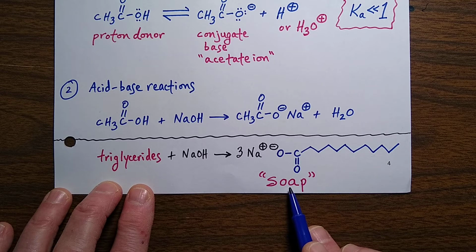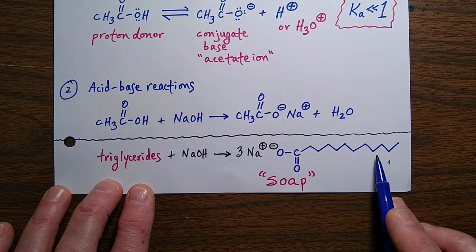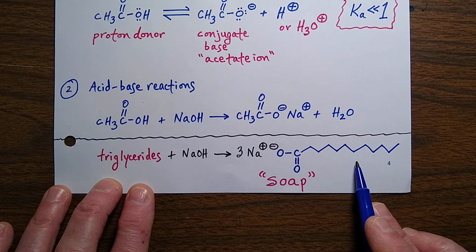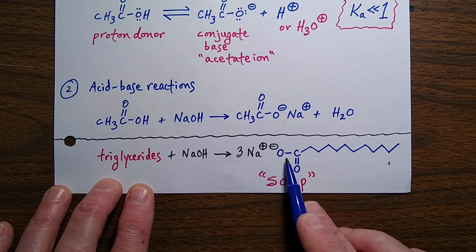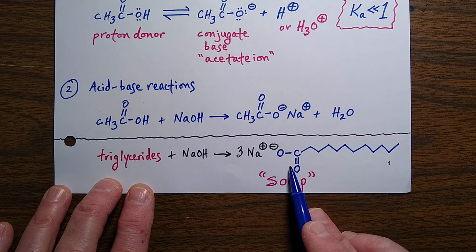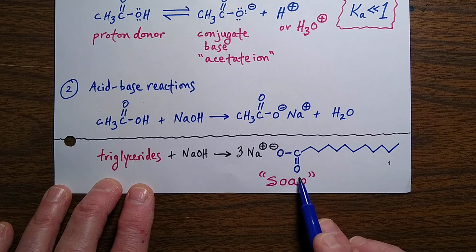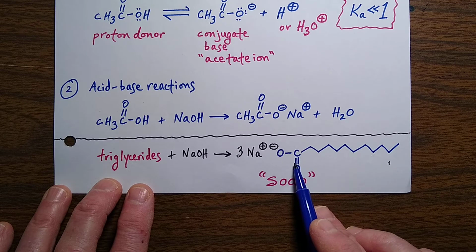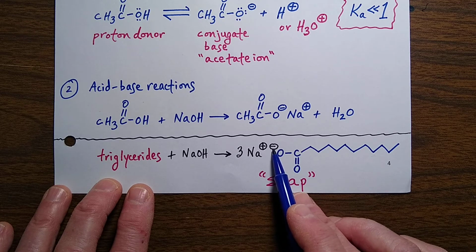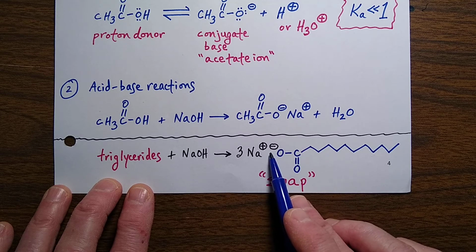So believe it or not, soap is really mostly a nonpolar molecule, but it has a polar end to it. And this is why they are effective at cleaning things, because soaps have the ability to dissolve in water because they have a polar end to them, and they're electrically charged, so they interact with water very well.